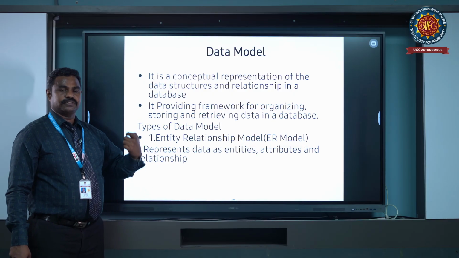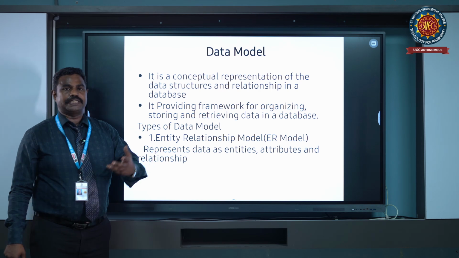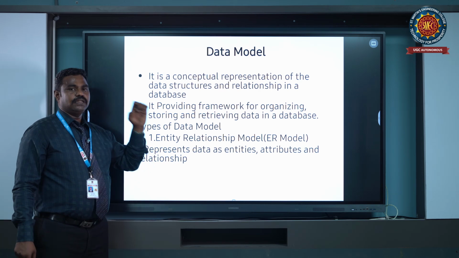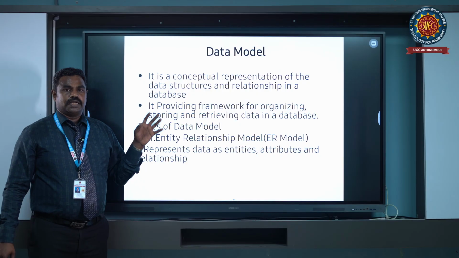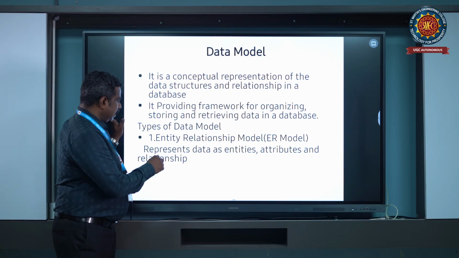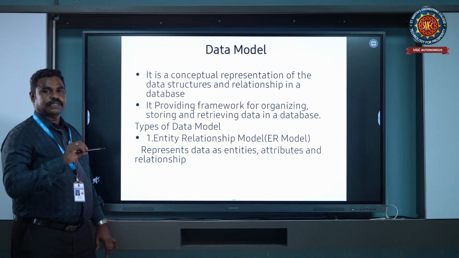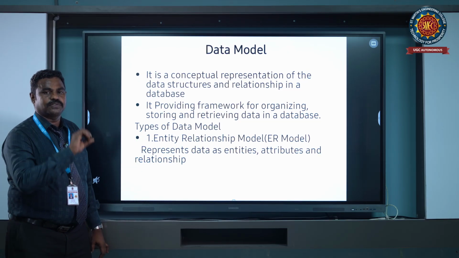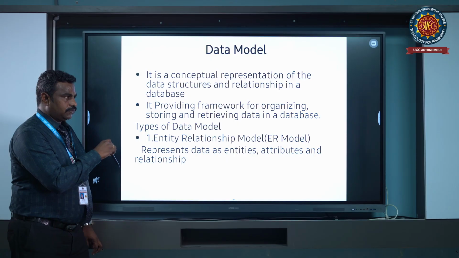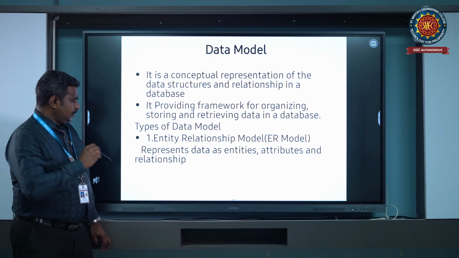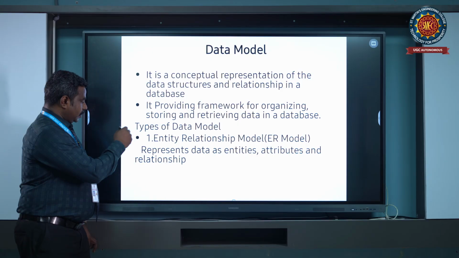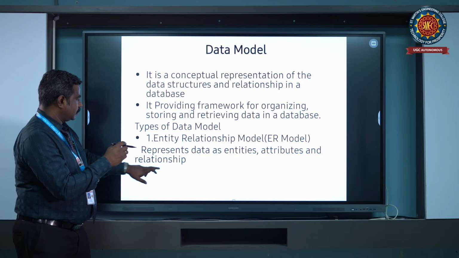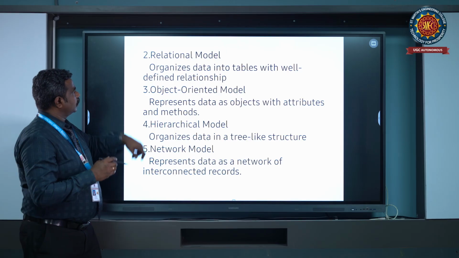Okay, we have 3 examples given. Then multi-valued attribute is assigned the double ellipse symbol. Composite attribute also has 3 types.